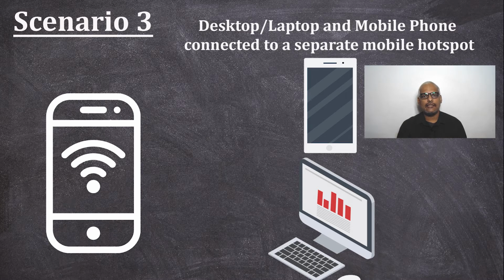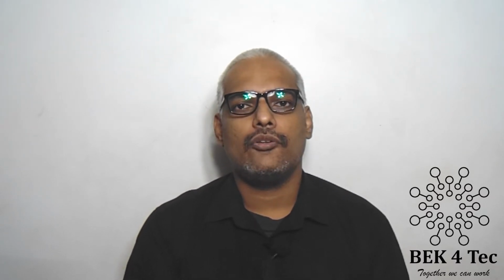Scenario 3 is where a third mobile is acting as a hotspot, and to that hotspot both your mobile phone as well as your computer are connected. In this case also this will work. But let us assume your mobile phone is connected to your cellular network and your computer is connected to your broadband connection, then you are in two different networks and this particular software will not work.